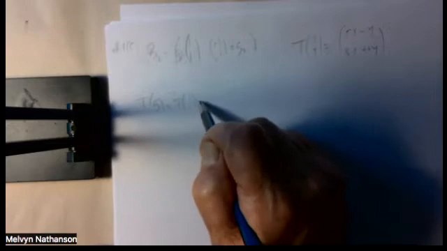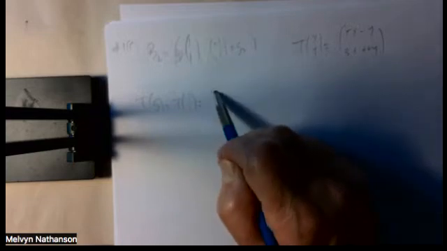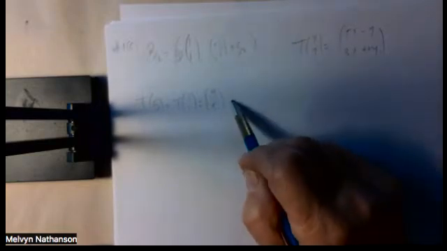So I have to know what T of G1 is. It's T of the vector (1, 1). When x and y are 1, I get (4, 5). But I have to write this as a linear combination of my two basis vectors, A11 G1 plus A21 G2. I have to find these coordinates. This is A11 times (1, 1) plus A21 times G2, which is (-1, 1).